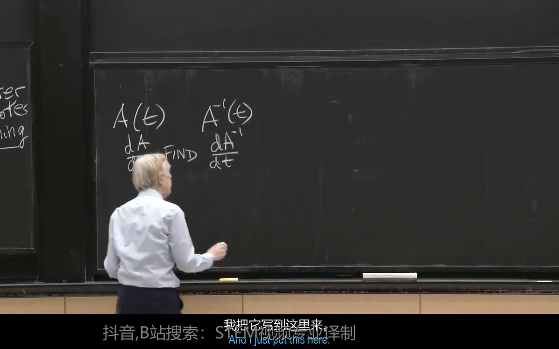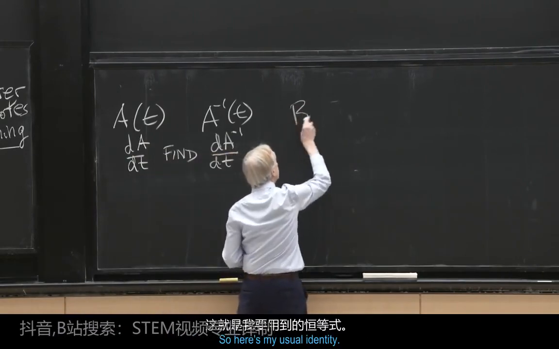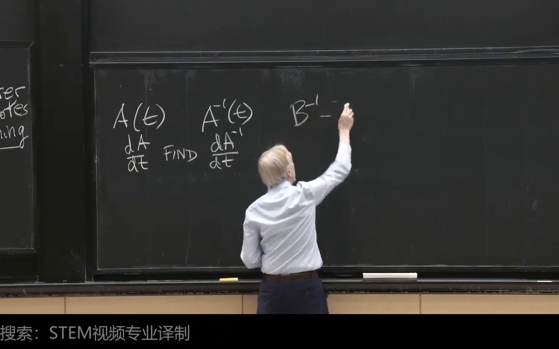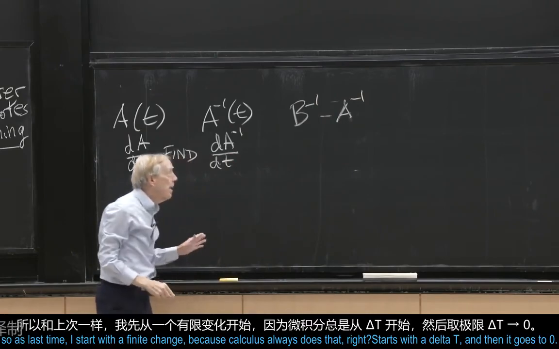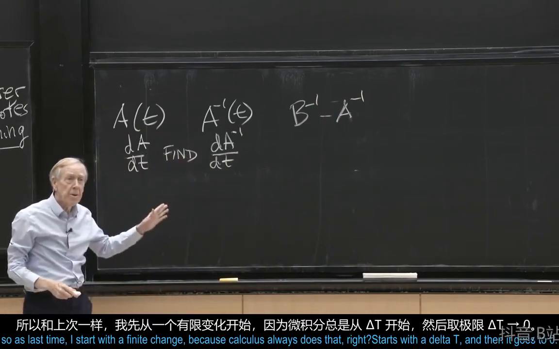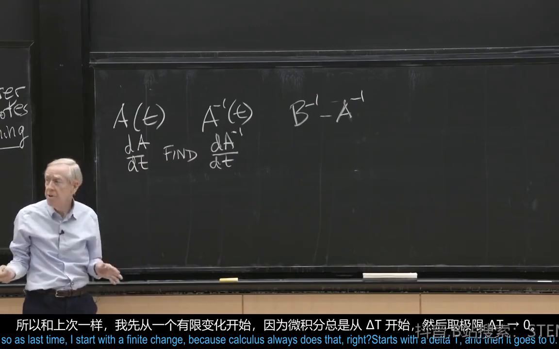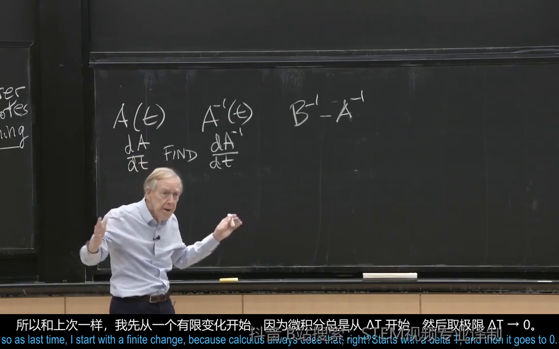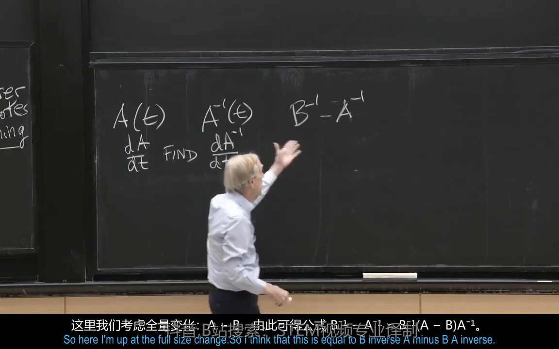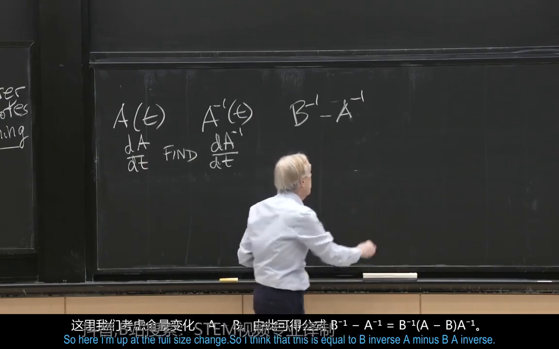And I just put this here. So here's my useful identity. As last time, I start with a finite change, because calculus always does that, right? Starts with a delta t, and then it goes to 0. So here I'm up at the full-size change.